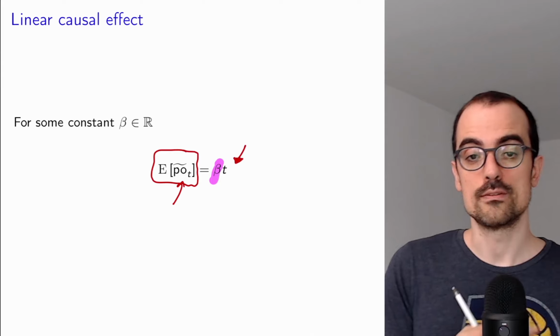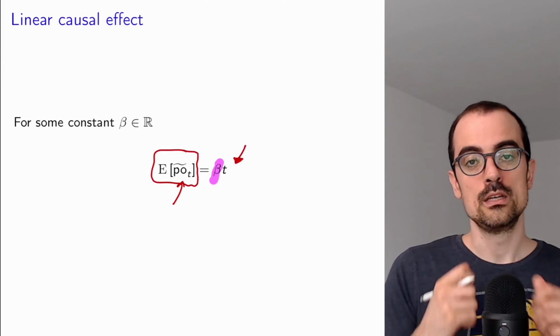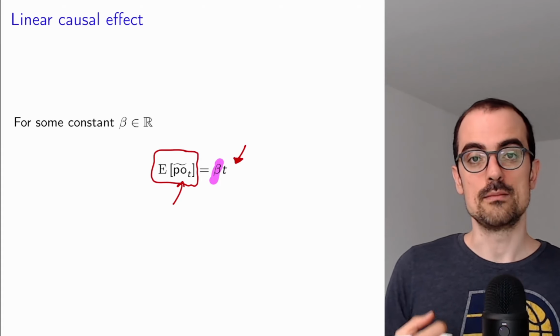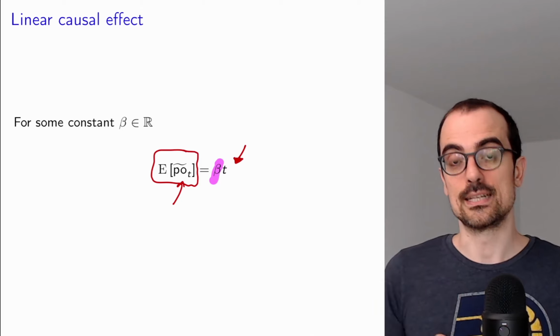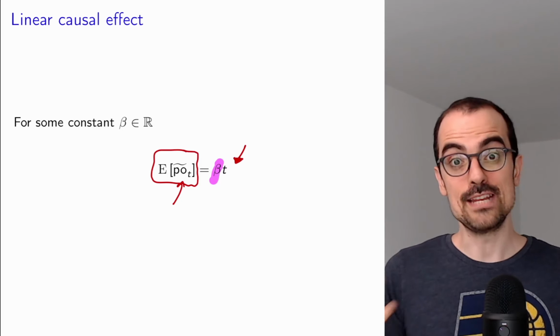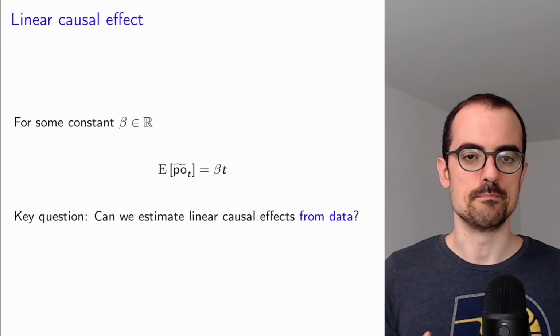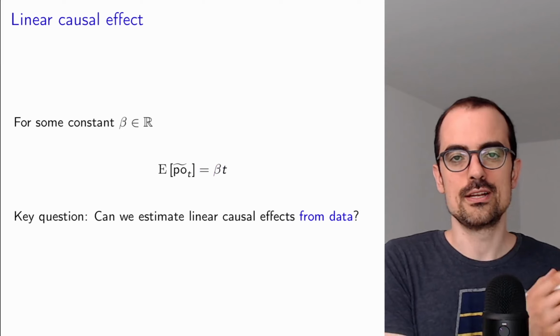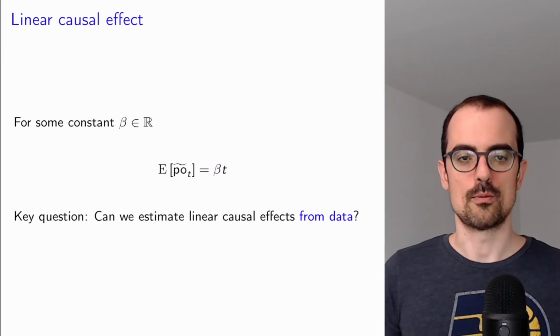So in the case of the unemployment and the temperature, this would mean that if we change the temperature by 1 degree, then the mean of the unemployment would change by beta. The key question here is, can we estimate such linear causal effects from data?